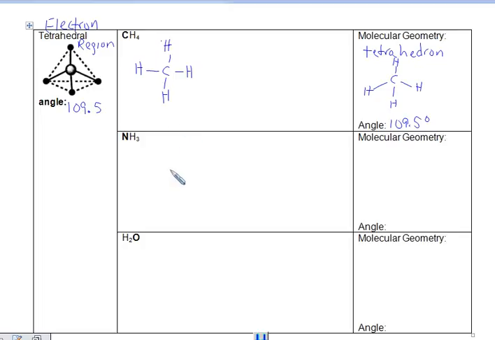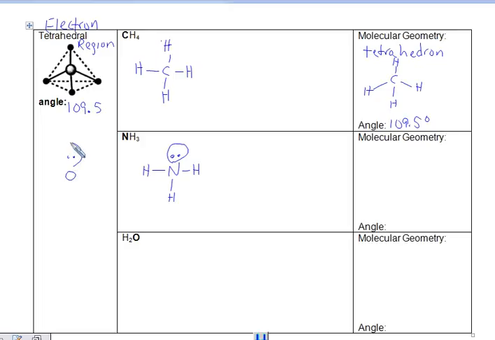Let's take a look at NH3, or ammonia, putting nitrogen in the center. We still have a lone pair. So this lone pair is going to occupy space. So let's draw that by showing that it's going to occupy space. If we try to redraw this electron region geometry, we would have a lone pair up here.